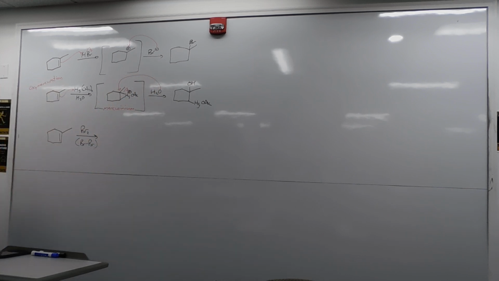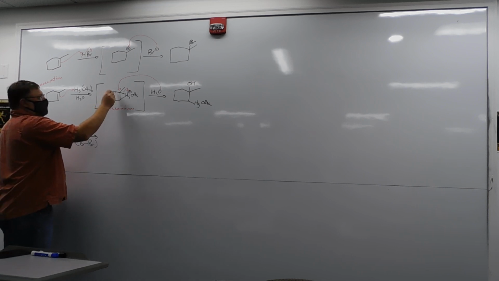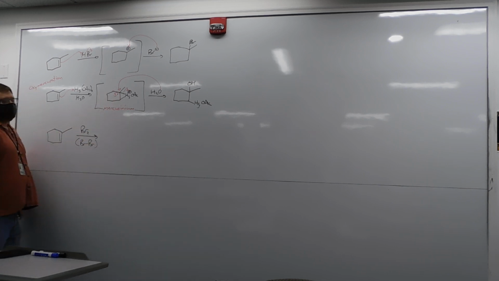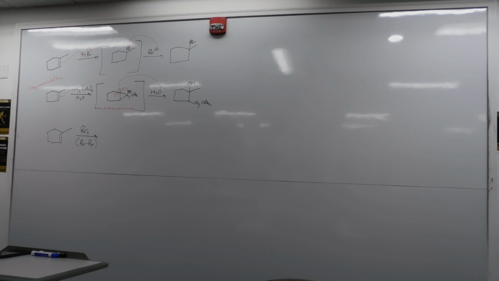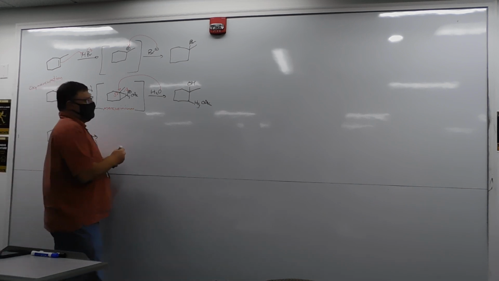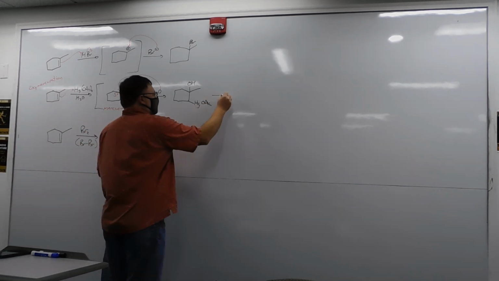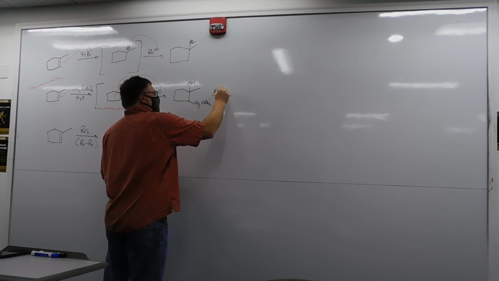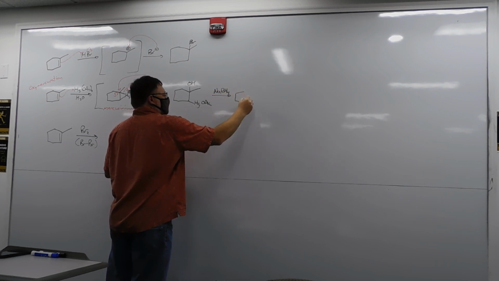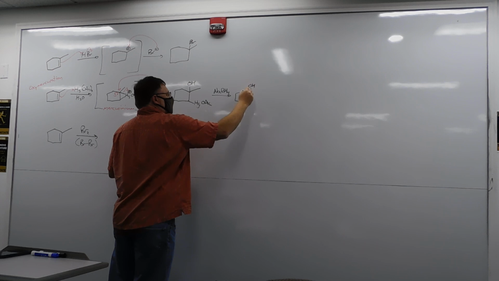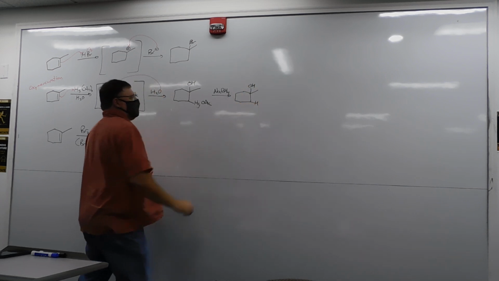All right, water is going to attack the more substituted carbon, and that's a weird bit of thing. It's going to attack the more substituted carbon because that carbon has the greatest partial plus. And eventually you'll lose a proton and you'll get this alcohol, and then the overall reaction, if you take this oxymercurinium compound and you treat that with sodium borohydride, you just end up with a Markovnikov addition of water.